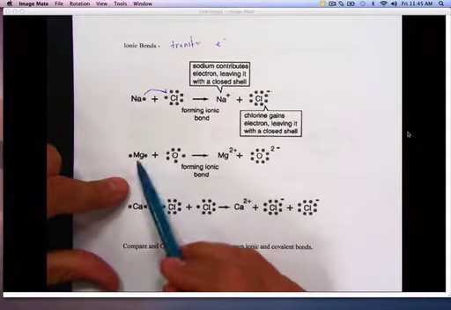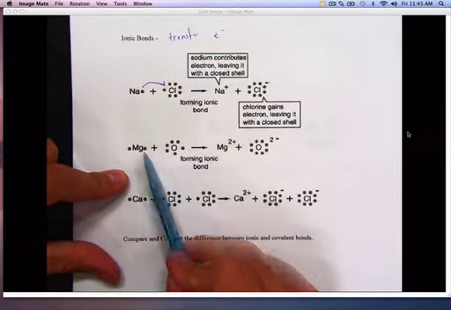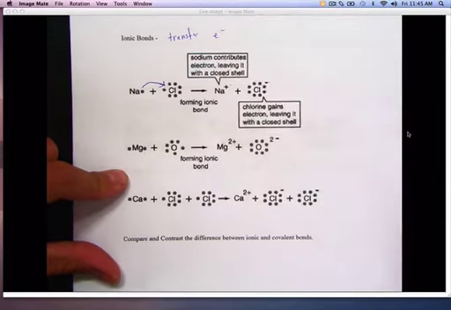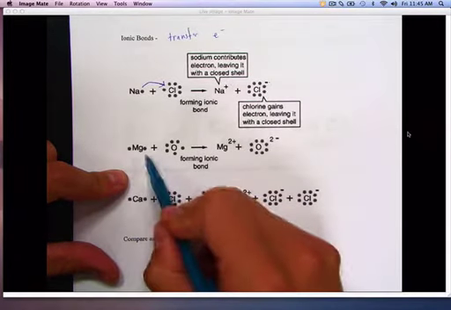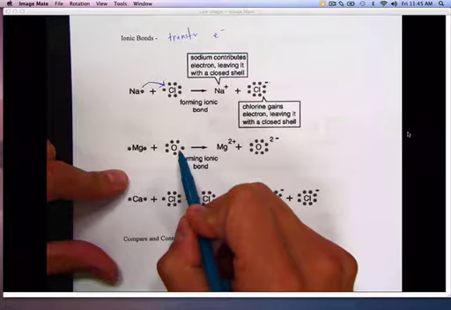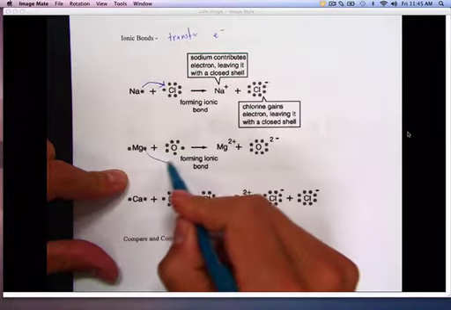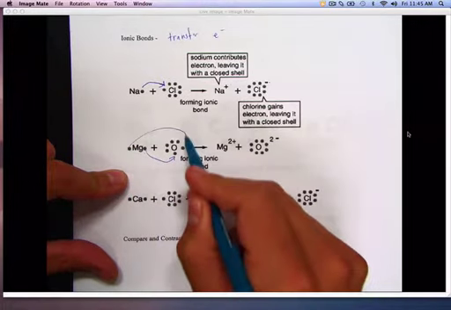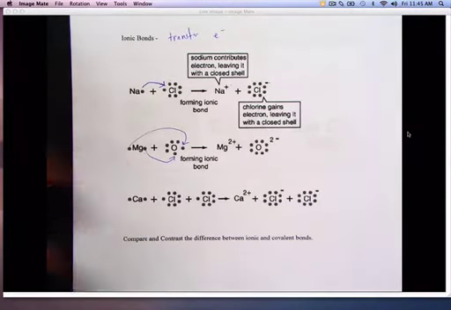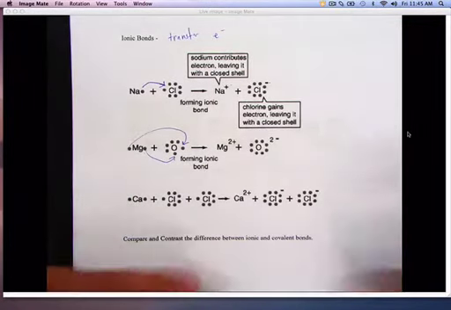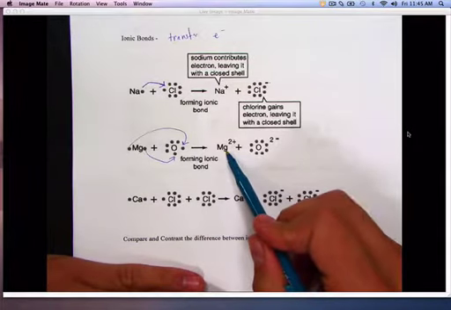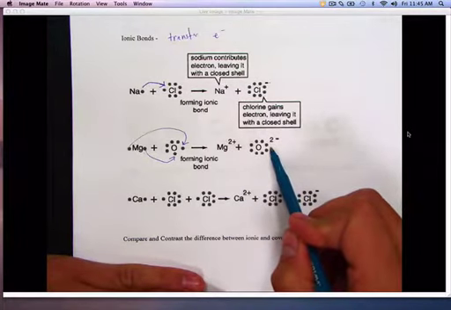Now let's look at this example. Magnesium has 2 valence electrons, oxygen has 6. Each of these two needs a buddy, so one's going to go here, and the other one's going to go to that. Now they both have buddies. So you transfer electrons, and you're making an ionic bond. Now magnesium has a 2+ charge, oxygen a 2-.